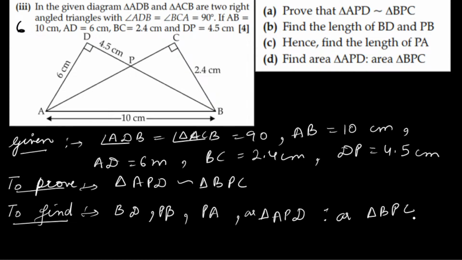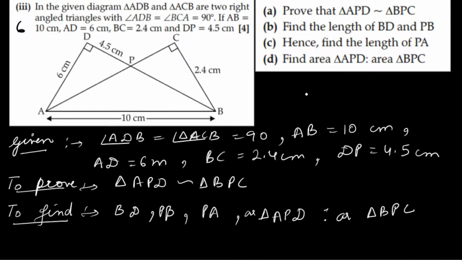When the way of writing is proper, there is no chance of losing marks in any question. This is how you have to start a geometry question: first the given, then what to prove, what to find. In case there is no proof, directly go with the to find part.